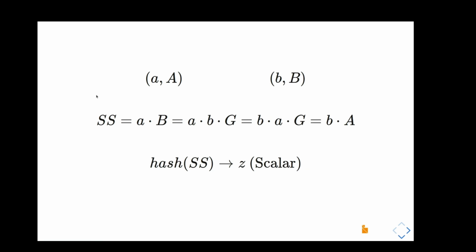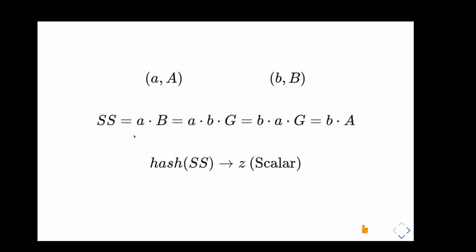So you're creating a new key that both parties know, and you can use that key to, for example, encrypt secrets or exchange information, but you can also use that key to derive a new key using a special function. In this case, for silent payments, we are using a hash function.